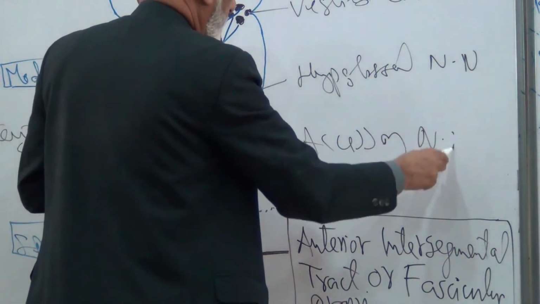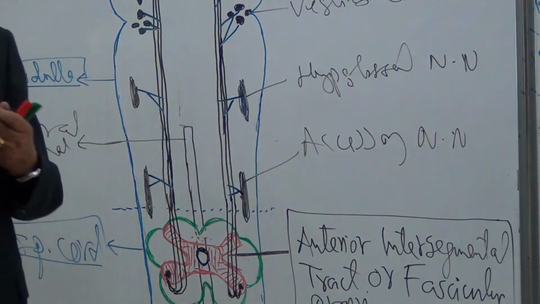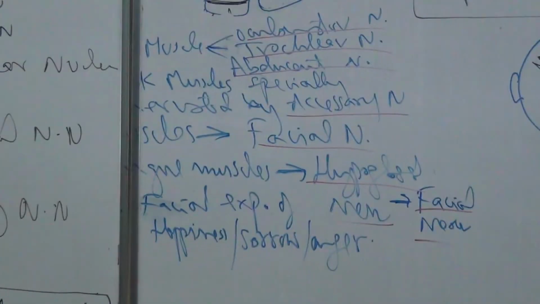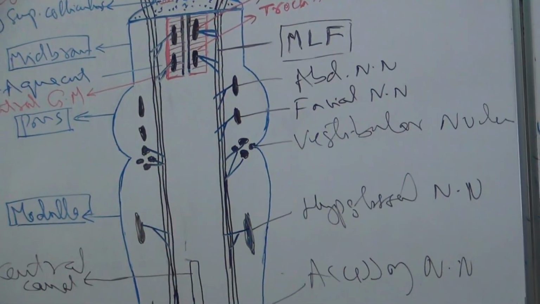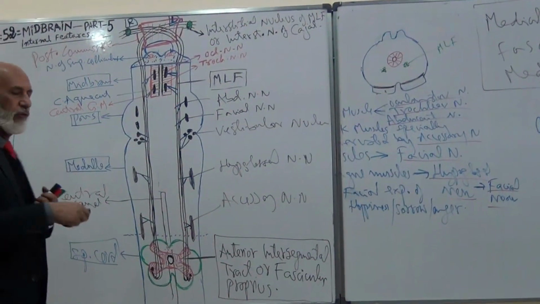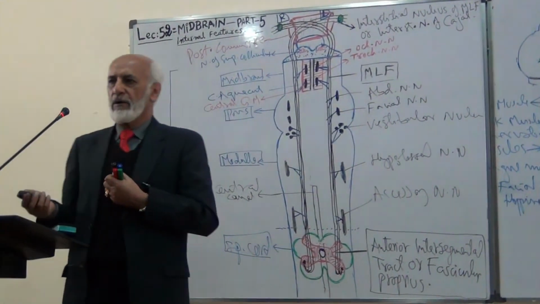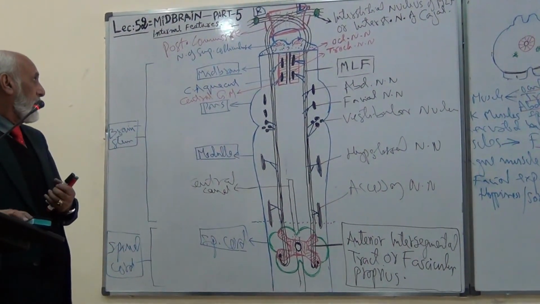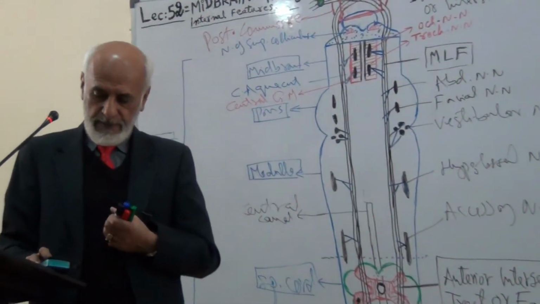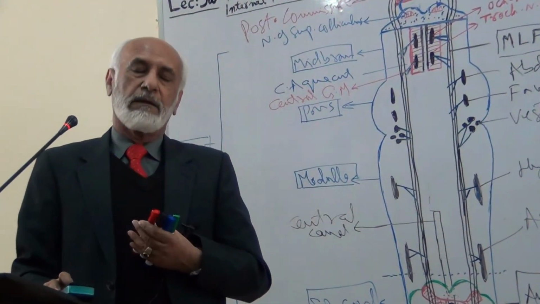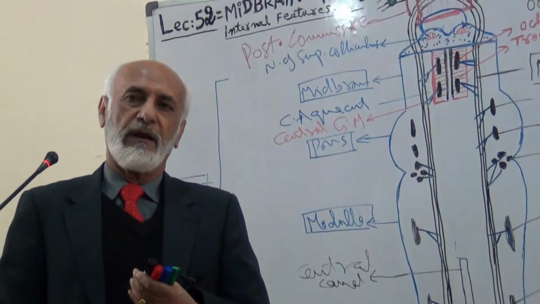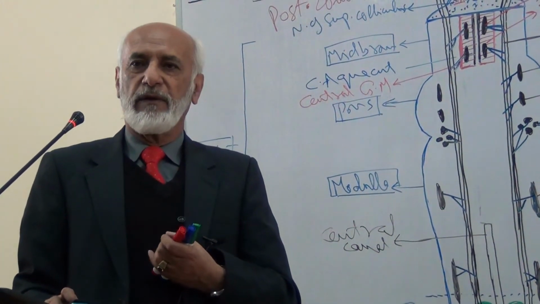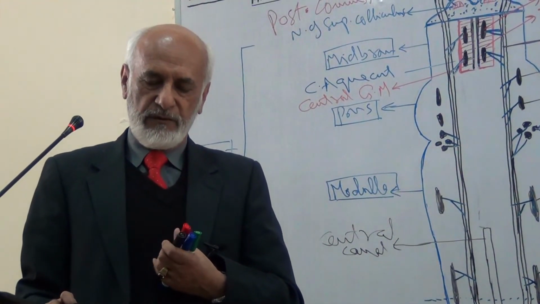So all these motor nuclei are interconnected with the medial longitudinal fasciculus of the corresponding side. So this was the structure of the medial longitudinal fasciculus or bundle, and briefly its functions.